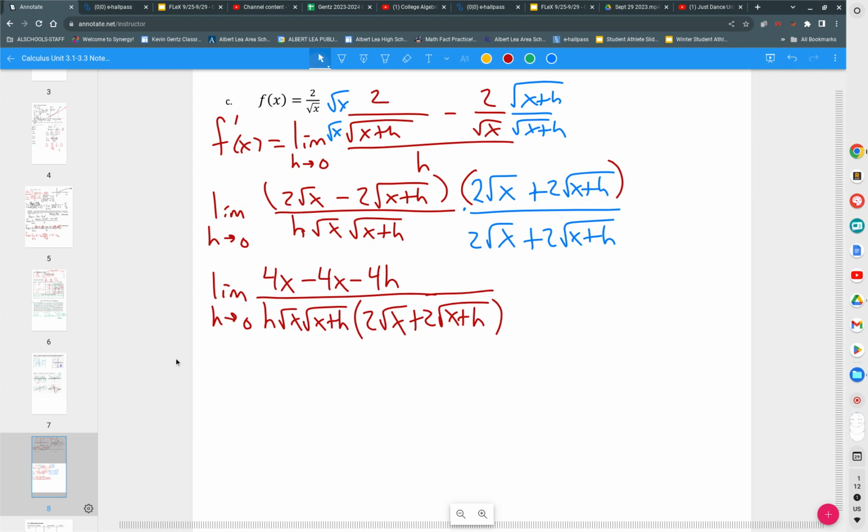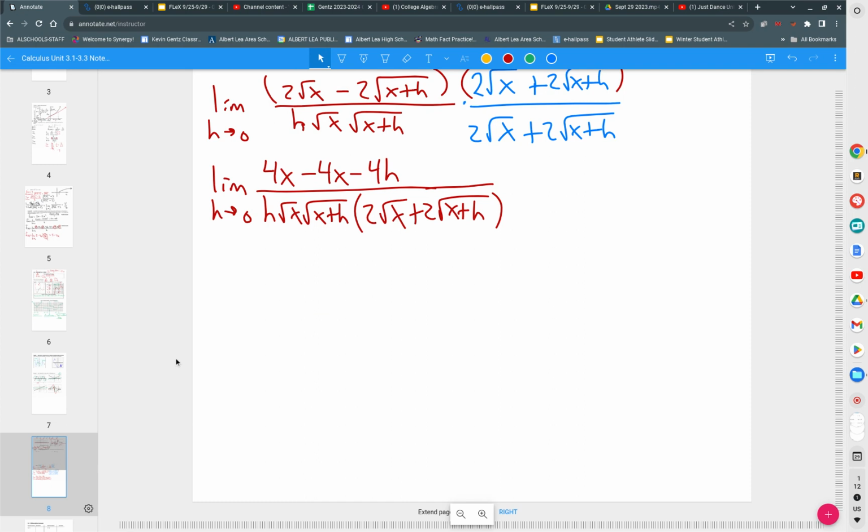You don't have to just foil it out or anything, that bottom? Distribute it? Or no, just put them together? We'll see the denominators in a little bit, okay? Right now, I want you to focus on what happens. The x's cancel. The 4x's are gone. We anticipate that because you've learned that everything that doesn't have an h will disappear. And then what else do you notice? The h's cancel, the two h's. The h's are gone, aren't they?